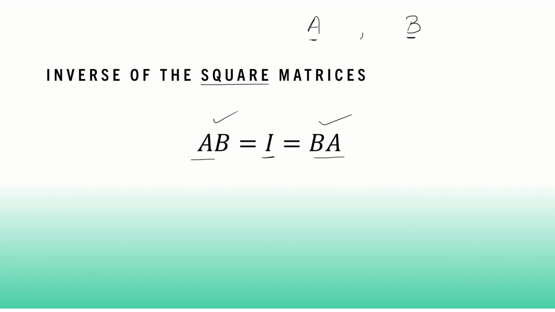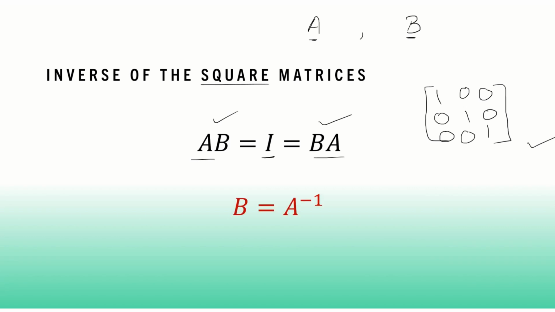I represent identity with I, and if you don't know about the identity matrix, that's the matrix having all the entries on the diagonal 1 and the non-diagonal entries zeros. This is an example of a 3 by 3 identity matrix. If that is true, I will say that B is the inverse of A, and it is equally true that A is the inverse of B.